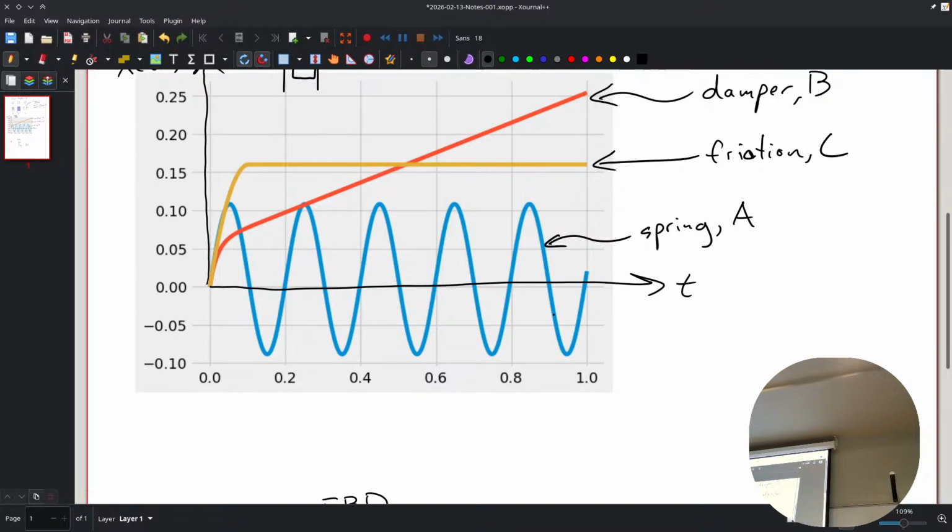Oh, it's easy to control. Yeah, okay. That one is pretty easy to control, because when you change the opening, the bigger the opening, the less damping.